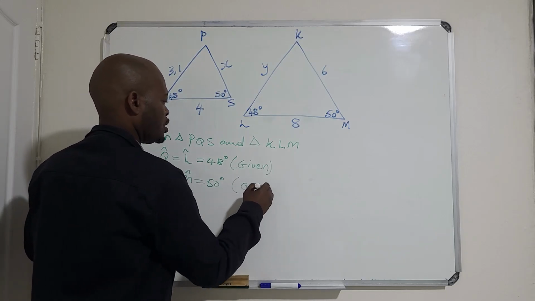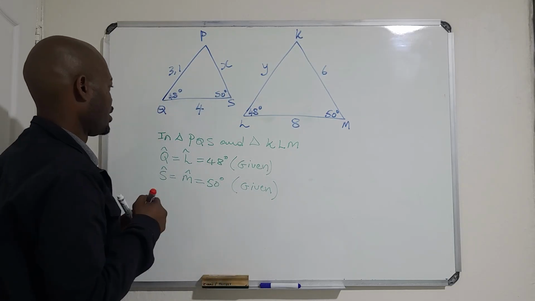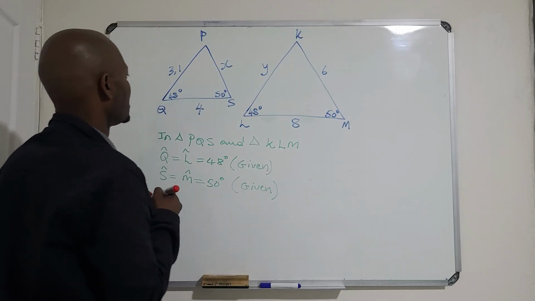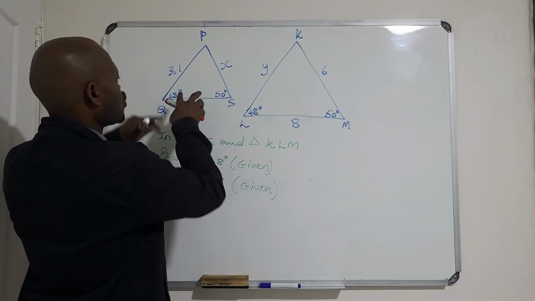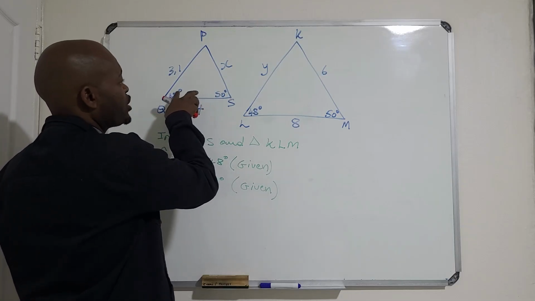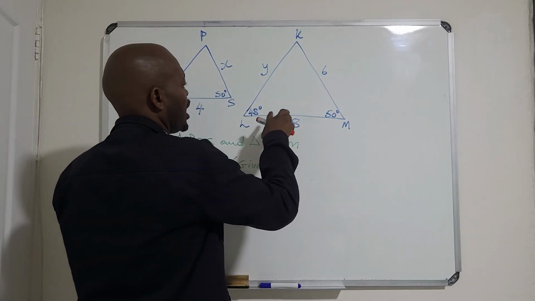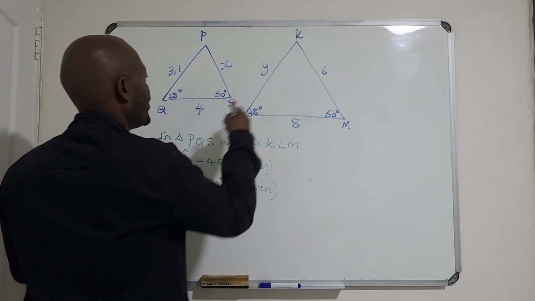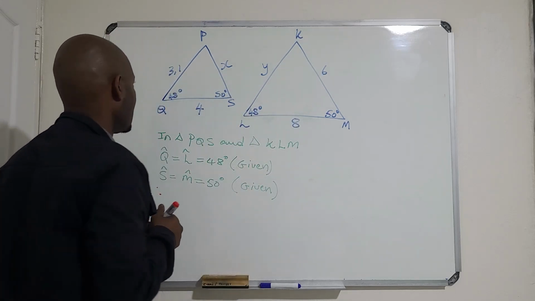Therefore, we know that if two interior angles of one triangle are equal to two interior angles of another triangle, then the two triangles are similar.